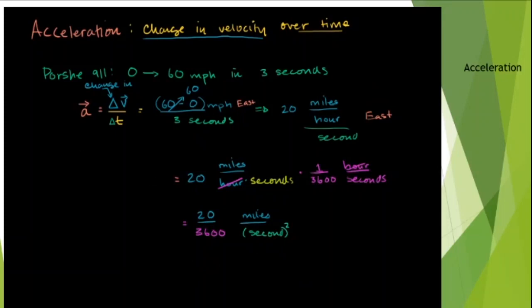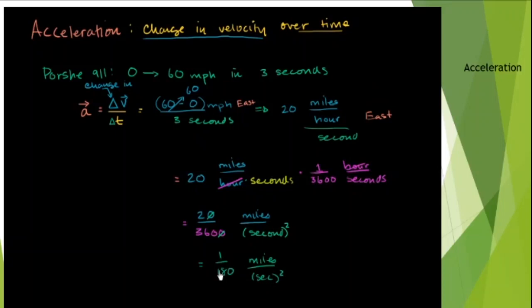And we can simplify this a little bit, divide the numerator and the denominator by 10. You get 2 over 360, which is the same thing as 1 over 180 miles per second squared. I'll just abbreviate it like that.